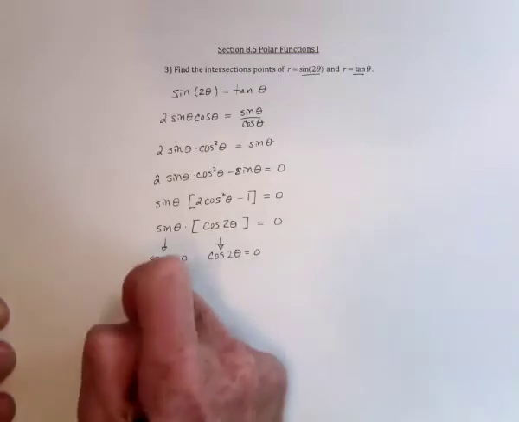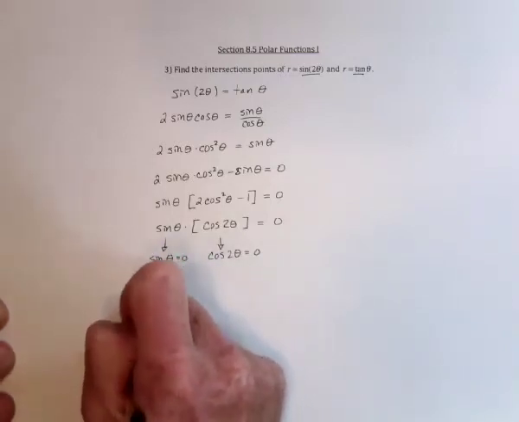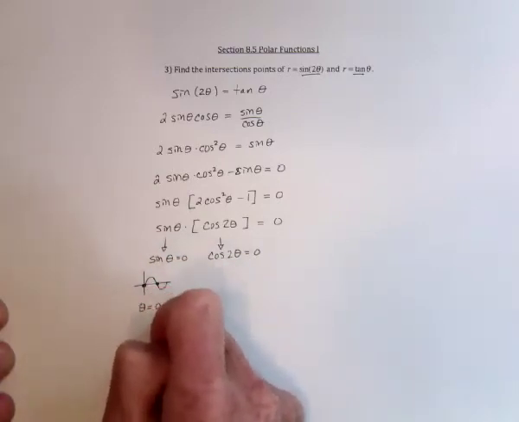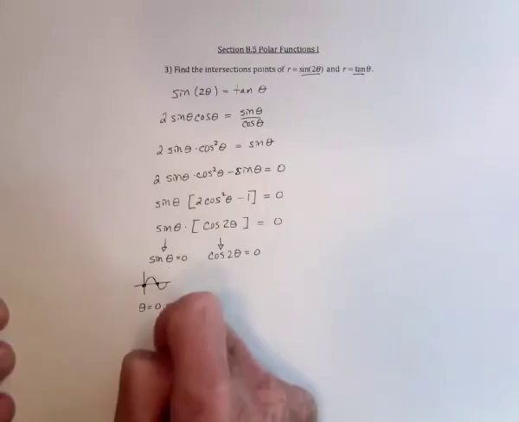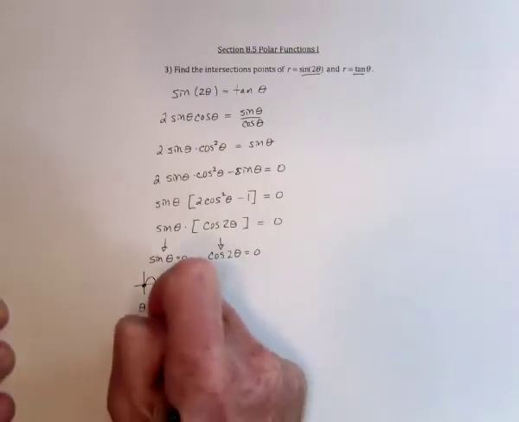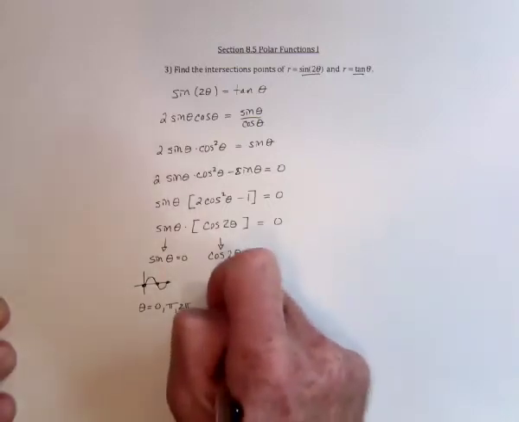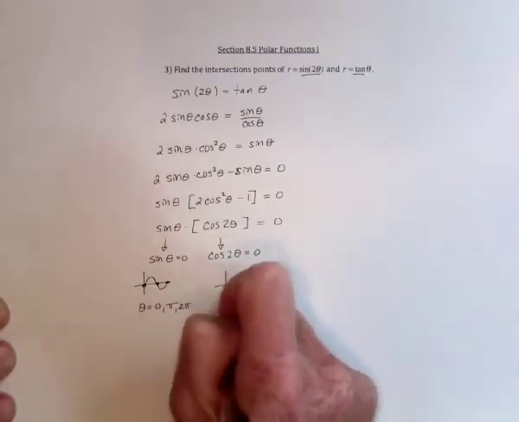And so this one would be when does sine equal 0, that would be at 0 and pi. And at 2 pi. And then cosine of 2 theta. So when does cosine equal 0?